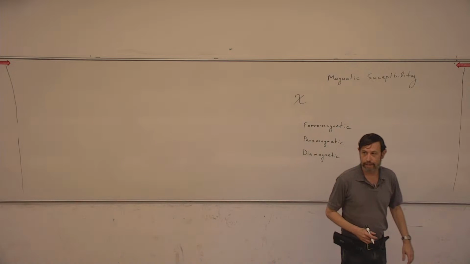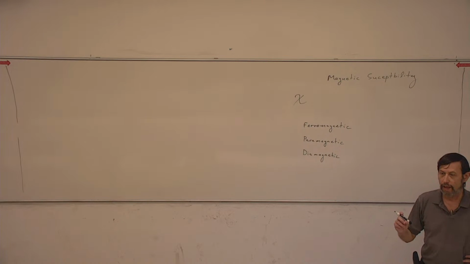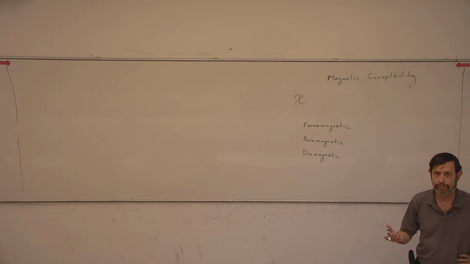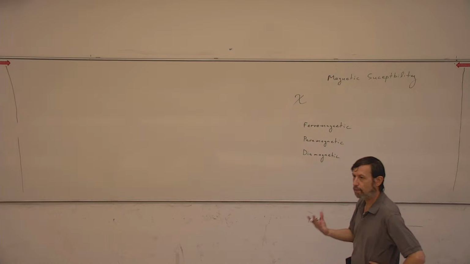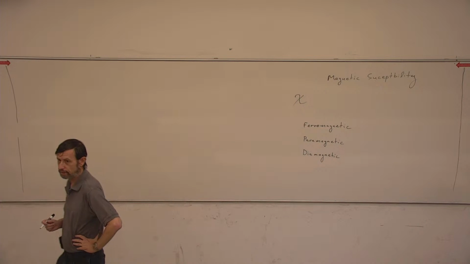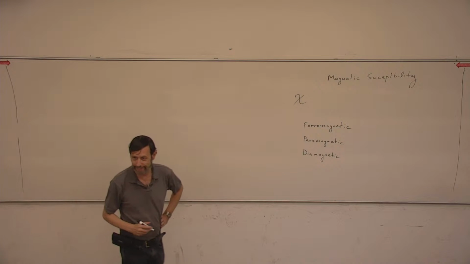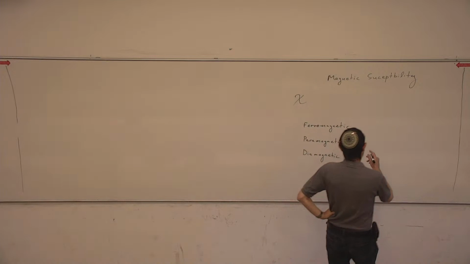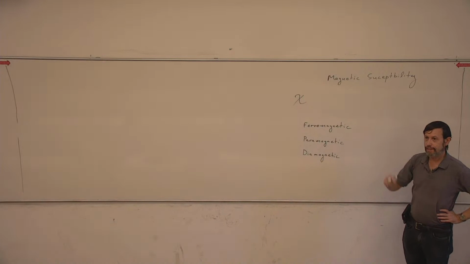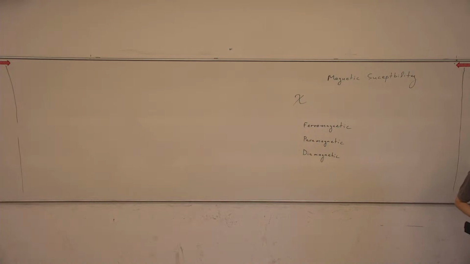A paramagnet is when you turn on a weak magnetic field and you get a magnetic response in the direction of the magnetic field. A diamagnet is the opposite. You get a response in the opposite direction of the magnetic field.